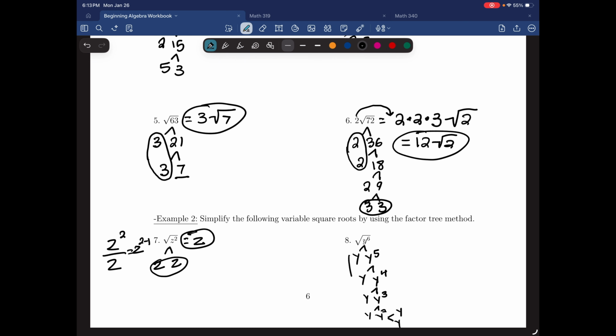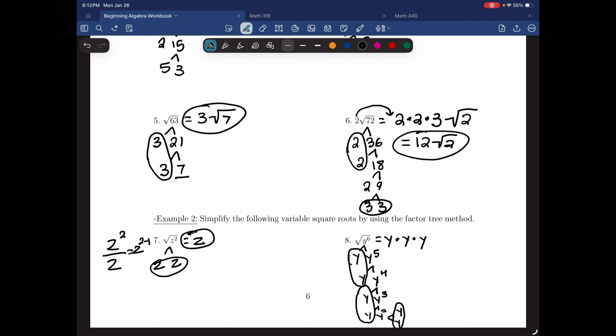So let's see what we get. Well, we get a group of y's here, a group of y's here, and then I kind of ran out of room, but we also get a y here at the bottom of the factor tree. So what we get is the first group of y's multiplied by that second group of y's multiplied by the third group of y's. So what is y times y times y?